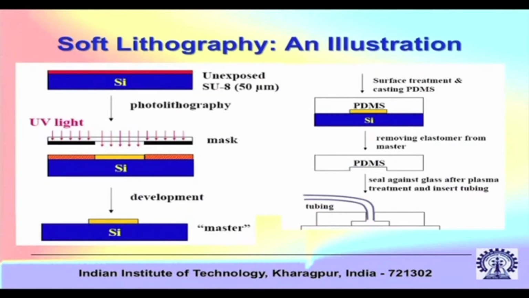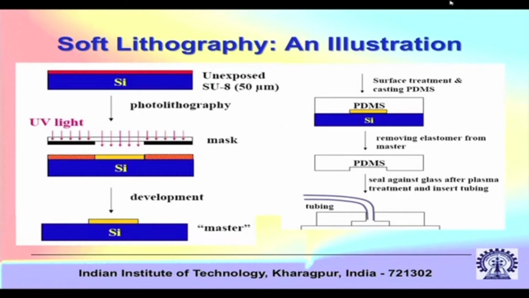So, a simple schematic representation. The previous was a diagram to represent the generic process, but how do we make microchannels using that? That is what is demonstrated in this figure, which is of particular importance to us for microfluidics based applications.